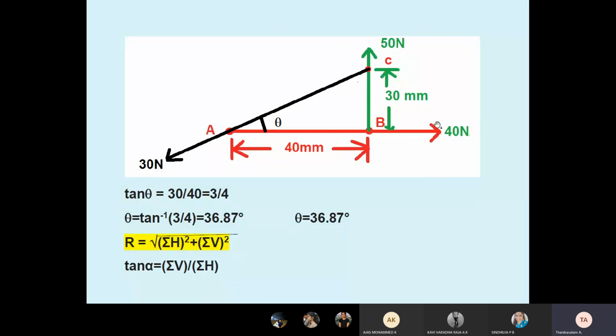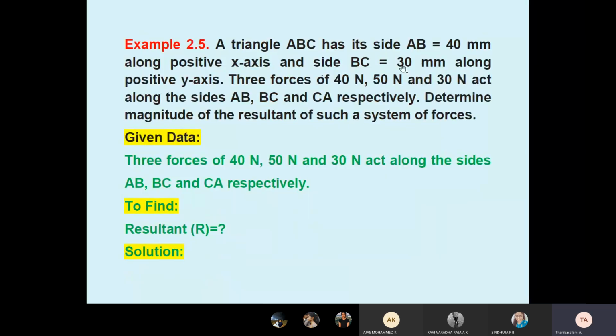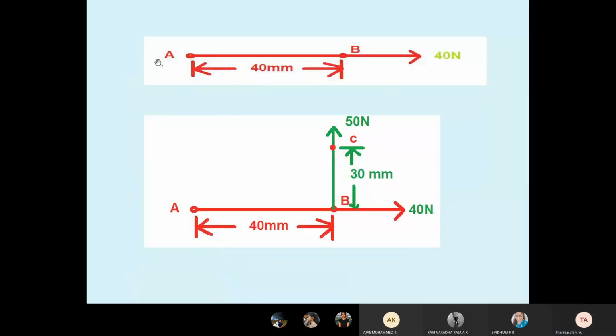So this is the diagram. This is the single diagram I should have drawn. For your understanding, I started here. AB 40 Newton, positive x-axis, students understand, positive x-axis AB. I marked 40 Newton. Then BC, the second side, since it is a triangle, I drew from B to C, and marked 50 Newton.